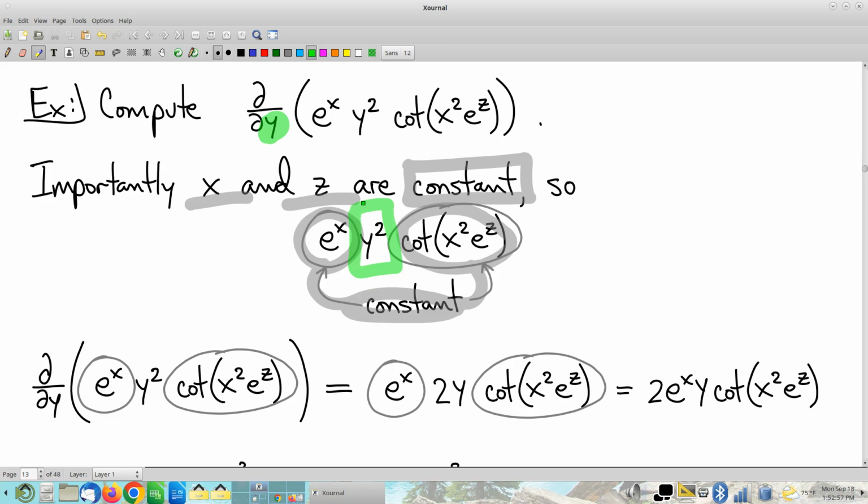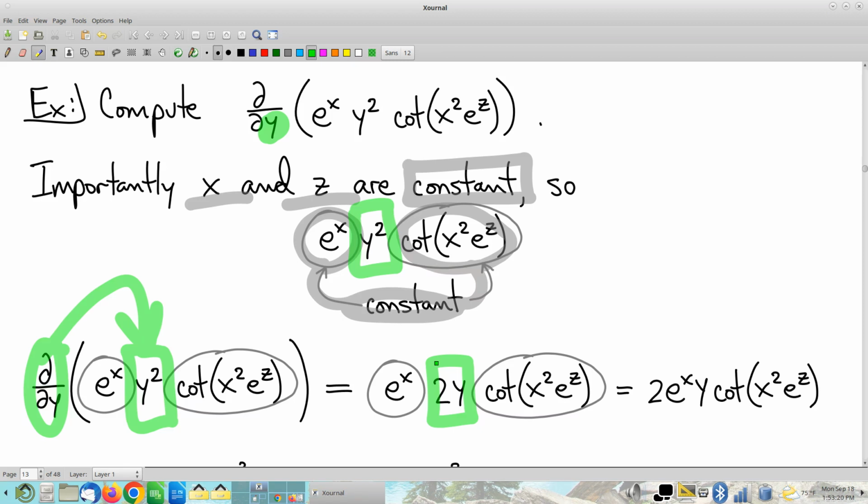That's easy, right? The y partial, I should say the y derivative of y squared is just 2y. The multiplicative constants come along for the ride, but they don't really do anything because they're constants. That makes sense to everybody? That's pretty great.